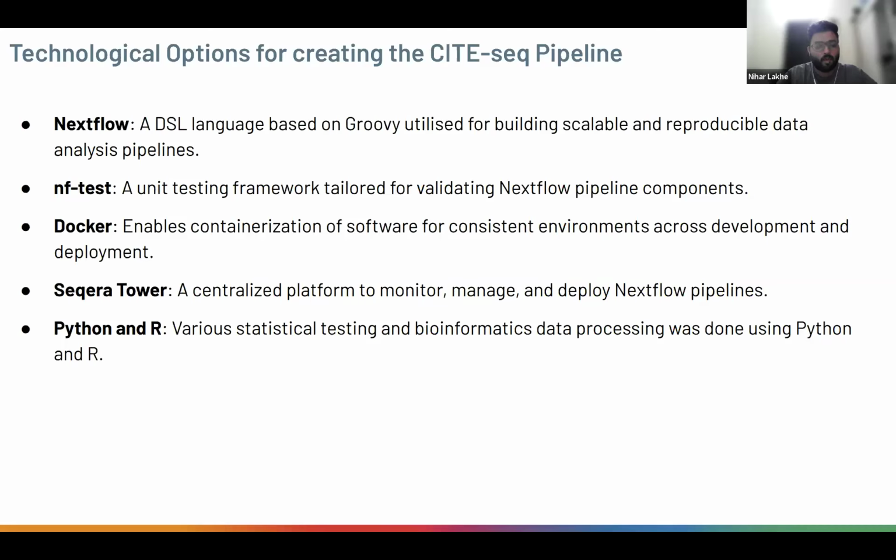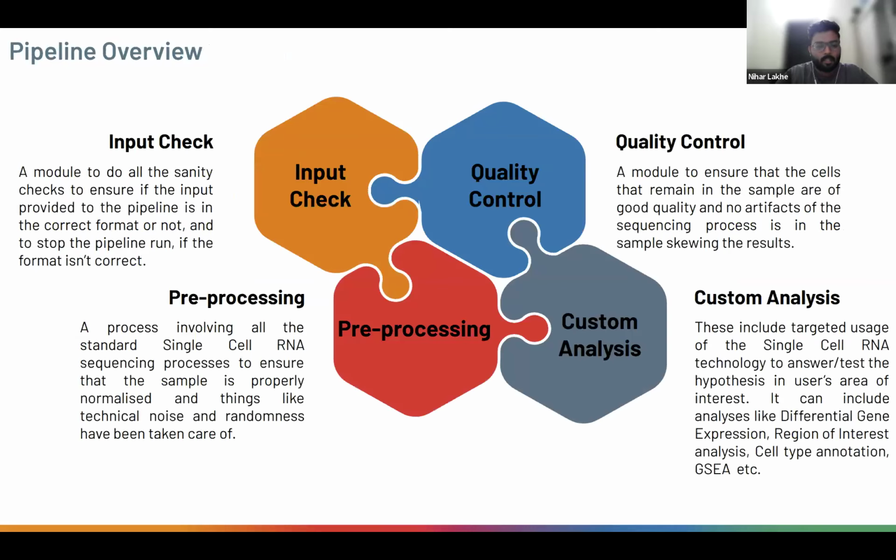We also utilize Docker, which enables containerization of software for consistent environments across development and deployment. Once your pipeline is ready, we can then use Seqera Tower, a centralized platform to monitor, manage, and deploy Nextflow pipelines. Further, we utilize Python and R for various statistical testing and bioinformatics data processing. Next up, the pipeline overview will be taken up by Raj.